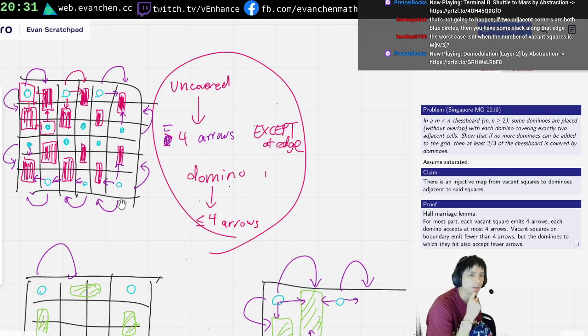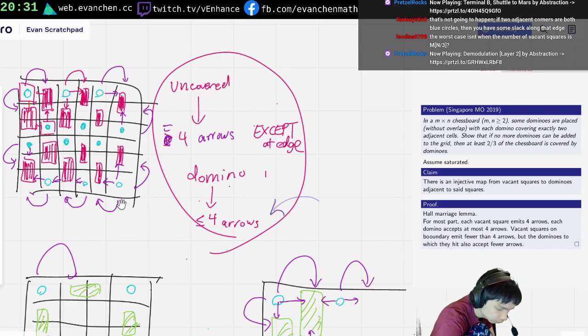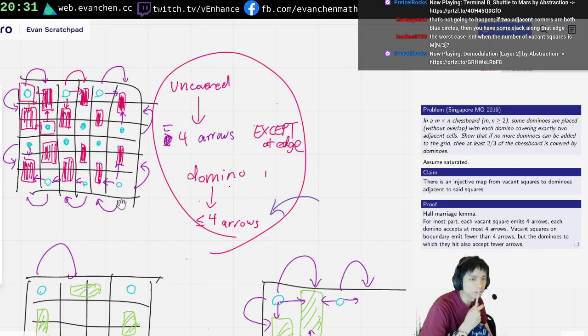Oh, okay, wait, I think you can do the... Okay, I think I can modify it as follows. So, every domino accepts at most 4 arrows, except for... So if I do it this way, every domino accepts at most 4 arrows, except for up to a small number of dominoes at the edge.